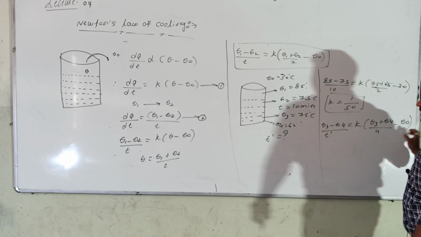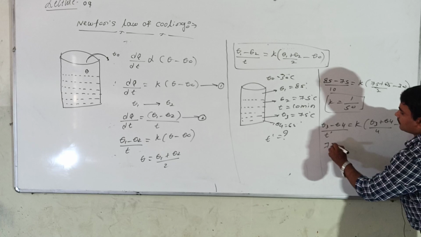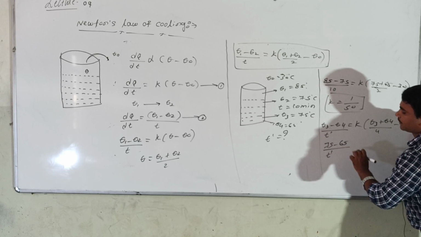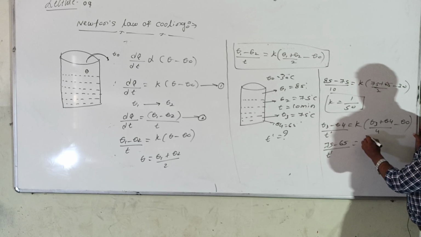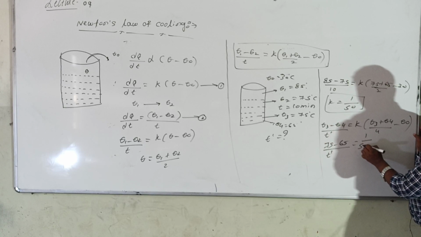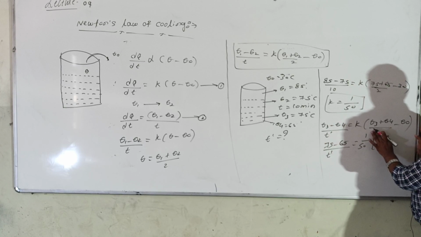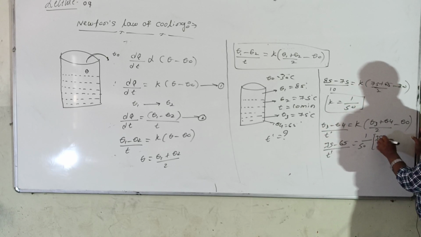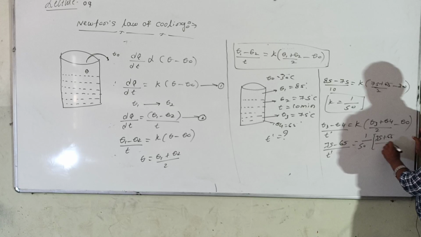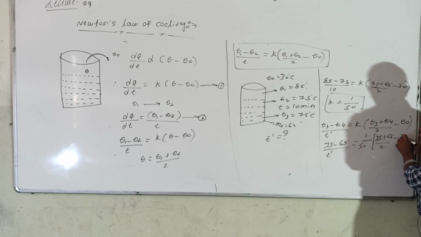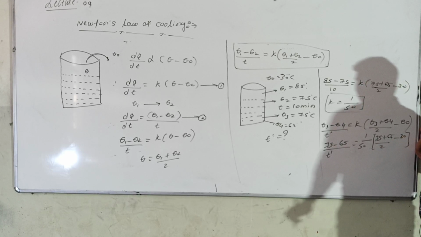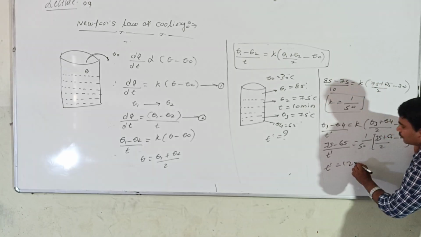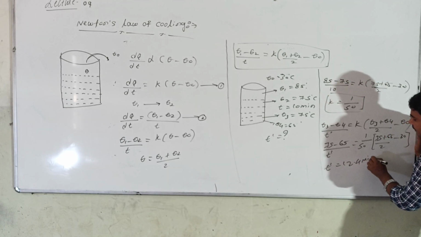Theta 3 is 75, theta 4 is 65. I don't know this time t dash. With k equal to 1 by 50 into the bracket, (75 plus 65) divided by 2 minus theta naught, which is 30 degrees. Solve this. If you solve this, what time are you getting? t dash is equal to 12.4 minutes.